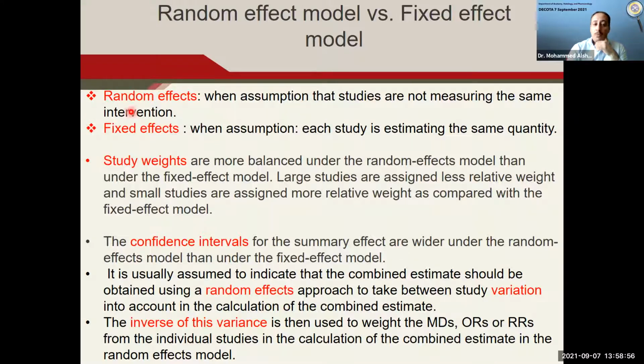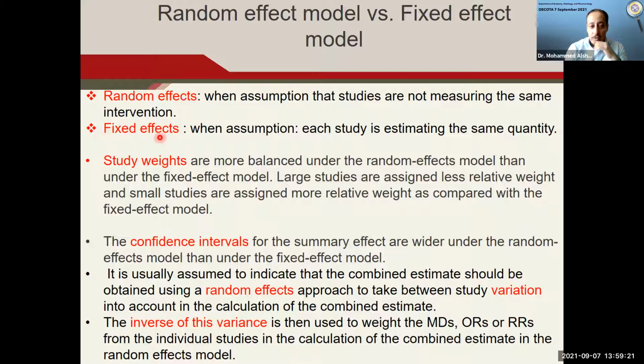But is there any concern, or does selecting the effect model affect the final result? Yes, it's actually based on the study weight. The software will put different weightage depending on whether we use the fixed effect or random effect model.